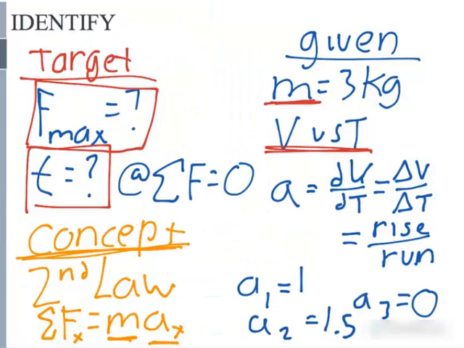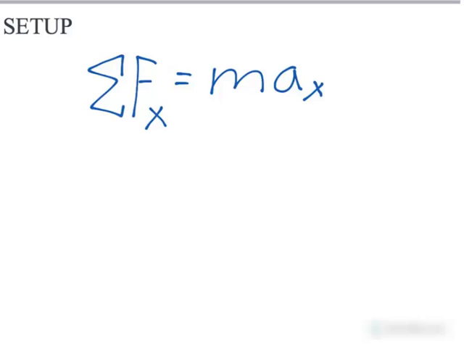Now that we have the accelerations and the mass, all we need to do is find the two target variables that we were given. So again, the formula we're going to be using in our setup is the sum of the forces, which we'll label in the x direction, equals the mass times the acceleration. So that's going to be A1, A2, and A3 that we're going to be plugging in. Let's go ahead and execute that.